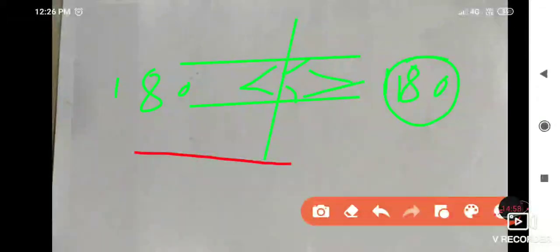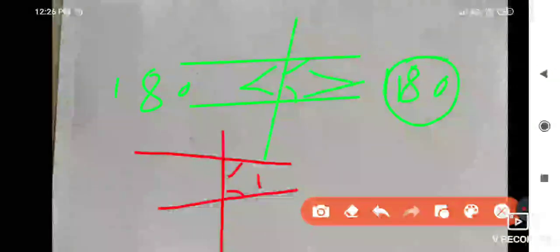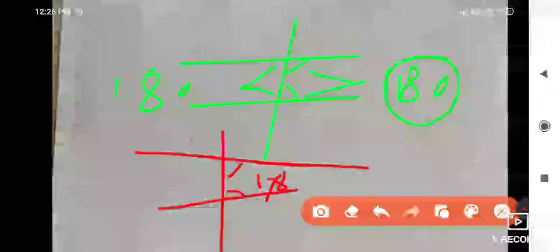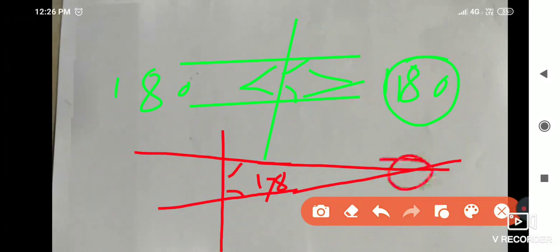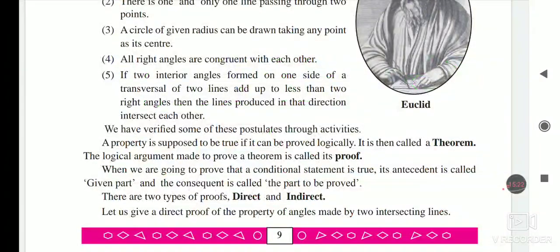Suppose this is the line I have drawn here, and this is one more line. If the measure is 178 suppose, then the lines move forward and at some point they intersect each other. So these lines are called intersecting lines, not parallel lines. This is the fifth postulate of Euclid.